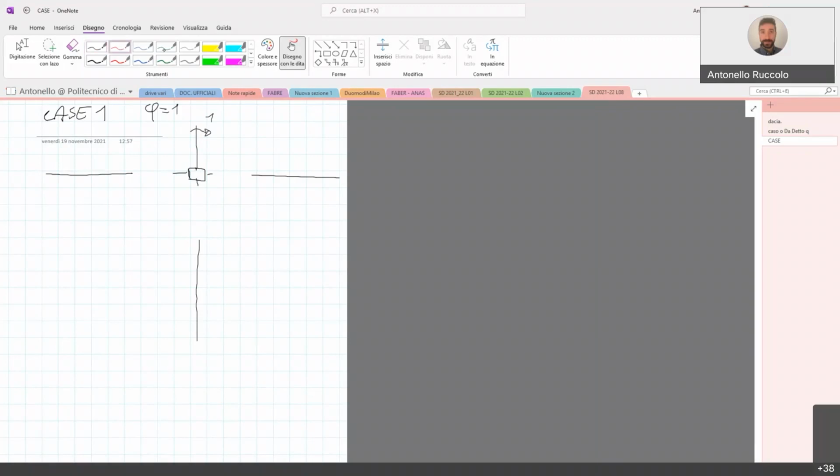First of all, we wonder what is the effect on the deformed shape of the beams. Obviously, this node will have rotation.